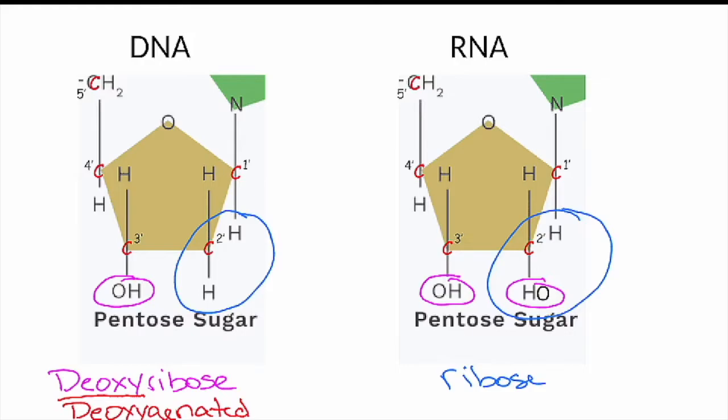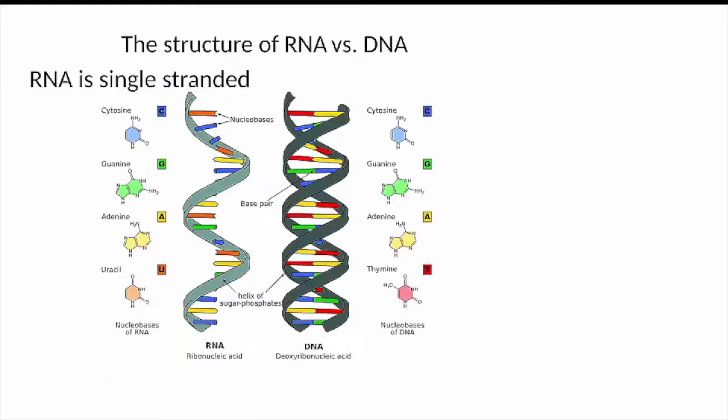Okay, so the final major difference is that RNA is single-stranded, whereas DNA is double-stranded. So you're familiar with the DNA double helix. That classic double helix structure, we see it a lot.